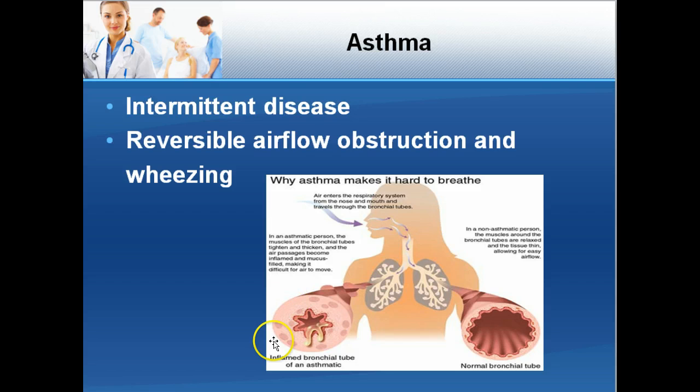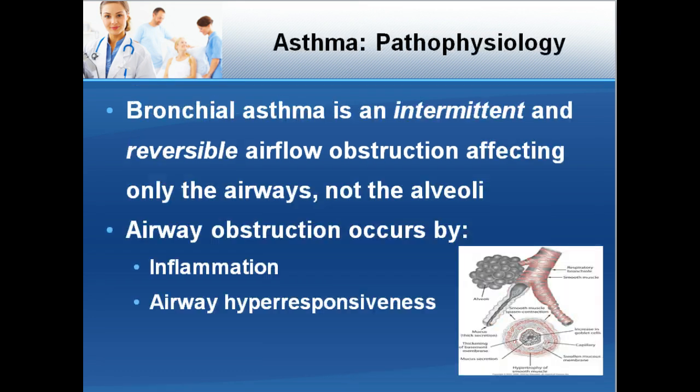As you can see on this diagram, there's a difference between the bronchial tube that is open, where air can pass easily, and the one that's inflamed from a person who is asthmatic. Also keep in mind that asthma is intermittent.